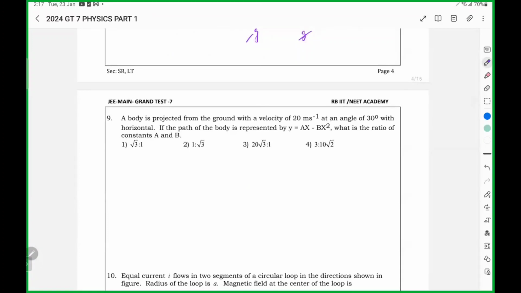A body is projected from the ground. What is the ratio of the constants in the equation of trajectory? So tan theta here is tan 30.